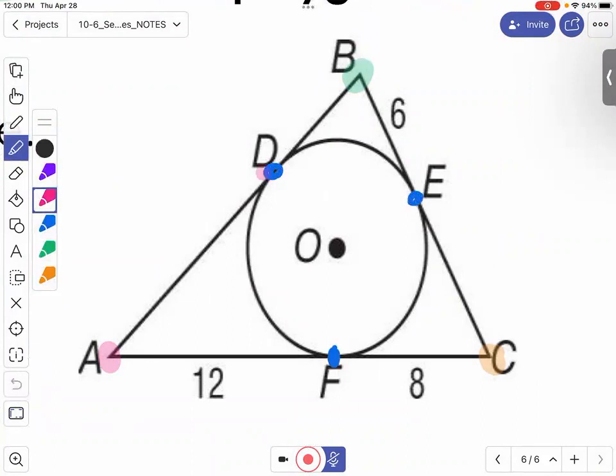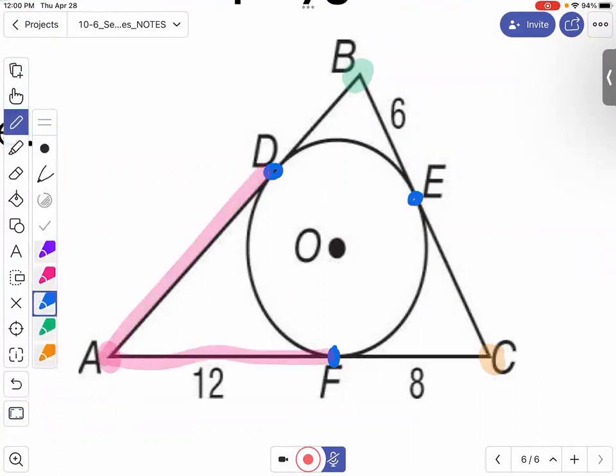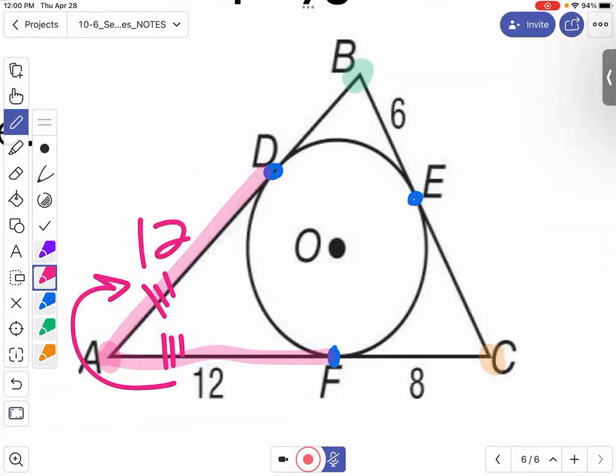So that means D to A and F to A are going to have to be congruent. So if one of them is 12, so is the other. The same thing's going to happen at the top at point B. D to B and E to B are going to have to be congruent because they go to the same external point.